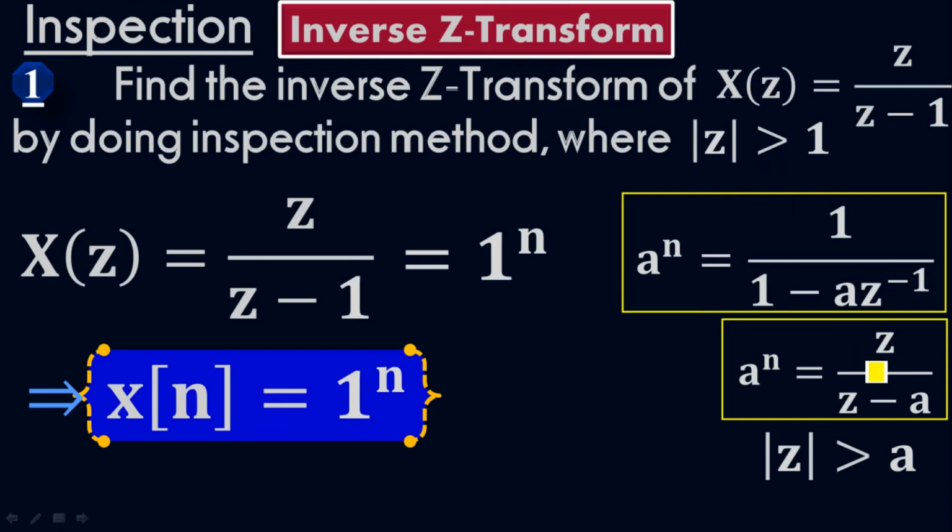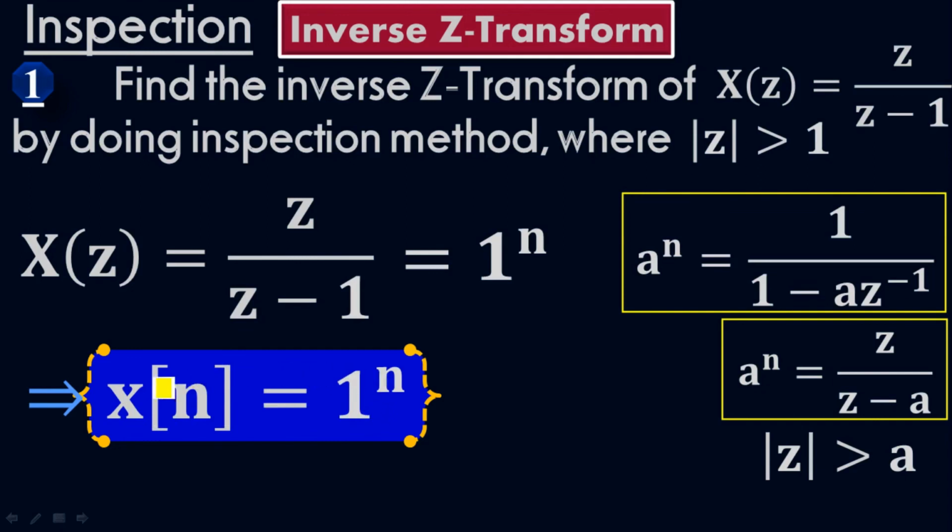And then we did another inspection from the standard result. According to the standard result, a^n equals z/(z-a). So from here we did a common inspection that, look, my a is 1 here, so I just plug in 1 for the a. And there we got the signal, 1^n. And finally we got success that x(n) = 1^n. There we got the signal in the time domain.